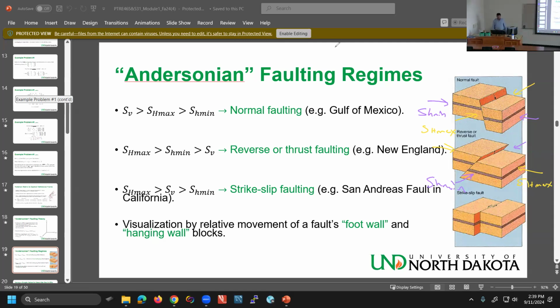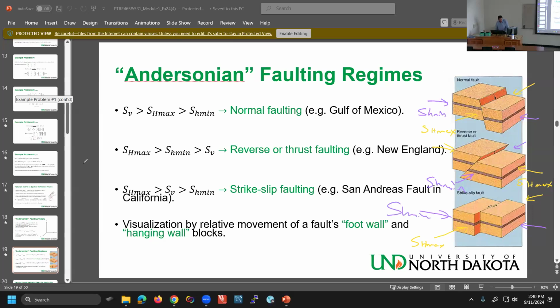Strike slip is a little bit more weird. You need to think about it: basically the motion is done in the direction of SH max. And then the weakest one would be SH min.